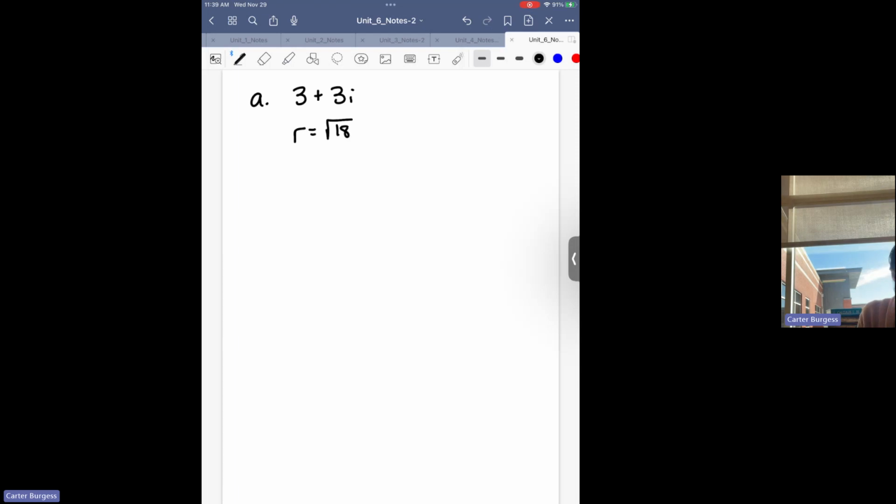And then how did we simplify this? This was 3 root 2. Very good. And so the two equations that we get, cosine of theta equaling a over r, so this would be 3 over 3 root 2, and sine of theta equaling b over r.